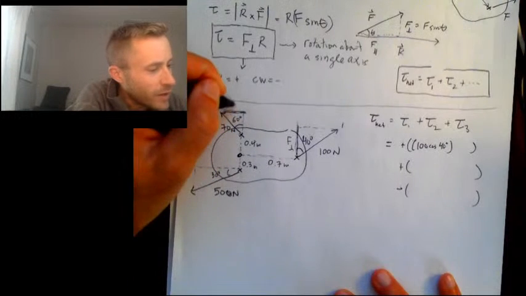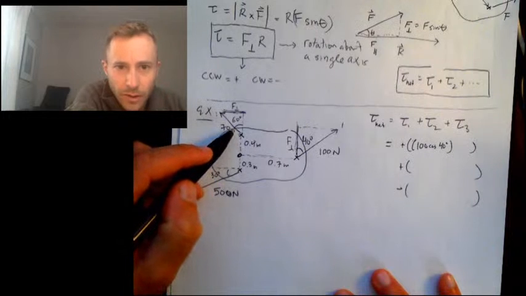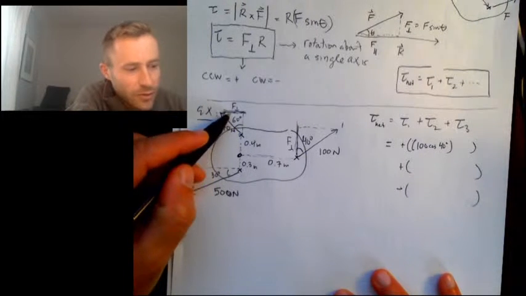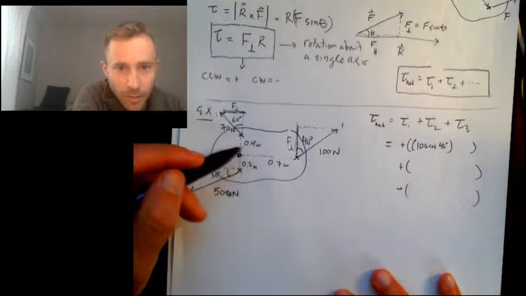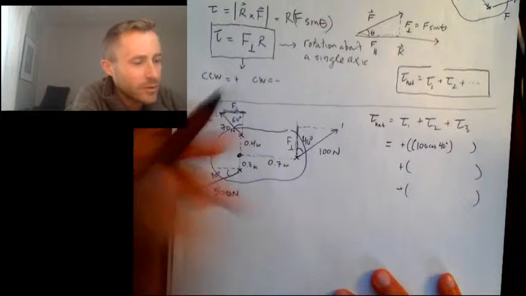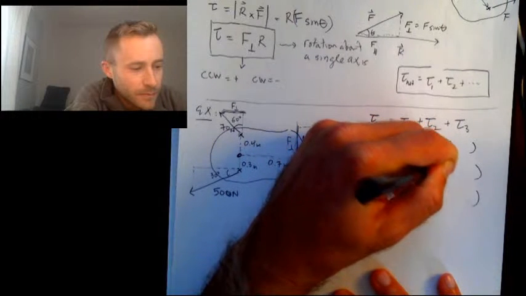So this is F perp, and we can see that it is opposite to the 60-degree angle. So that's going to be a sine function to get F perp. So we have 70 times sine of 60.